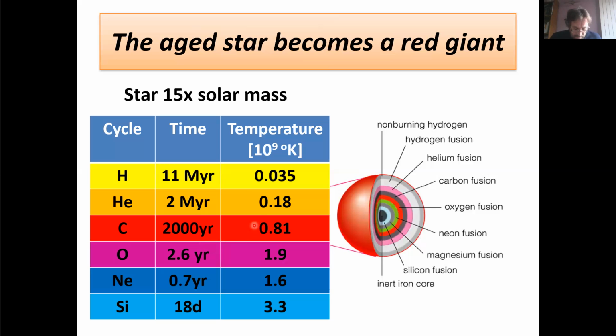Then, once we have created the carbon ash in the center and it pulls a bit more, the temperature increases, and when it reaches roughly 800 million degrees, we will have carbon burning for roughly a couple of thousand years, 2,000 years, plus minus 2,000 years as error margin.